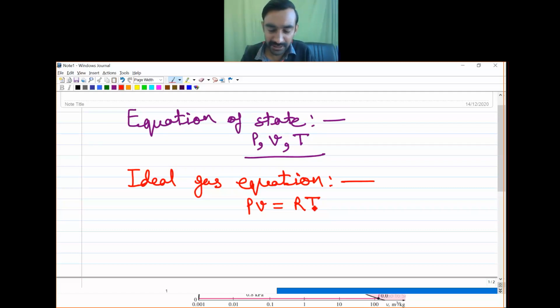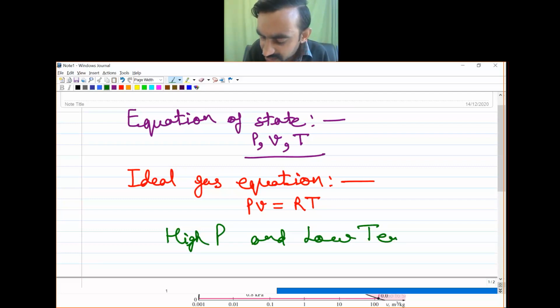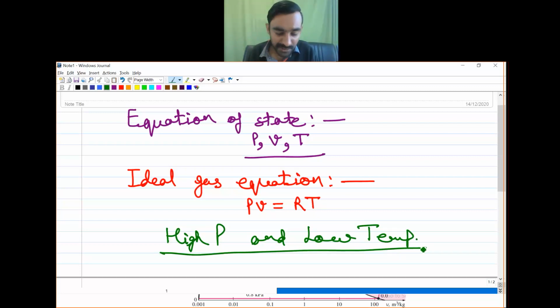These assumptions are applicable for the majority of gases at high pressure and low temperature, under which this equation actually holds good.